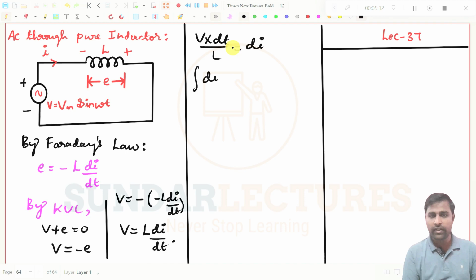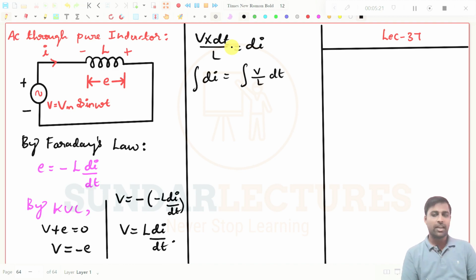So di is equal to the integration of V by L into dt. If you integrate this, I will be equal to, here 1 by L is the common term, I am just taking it out.